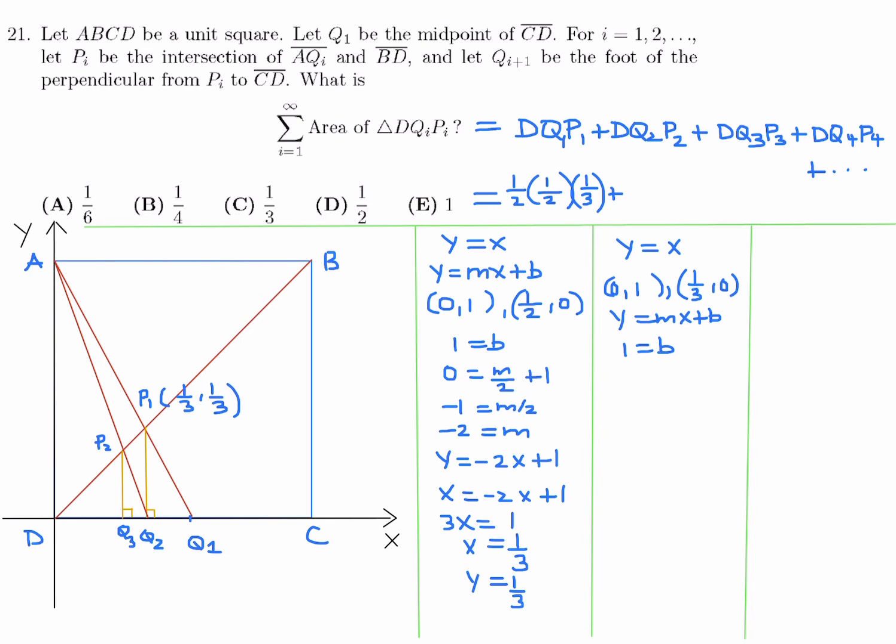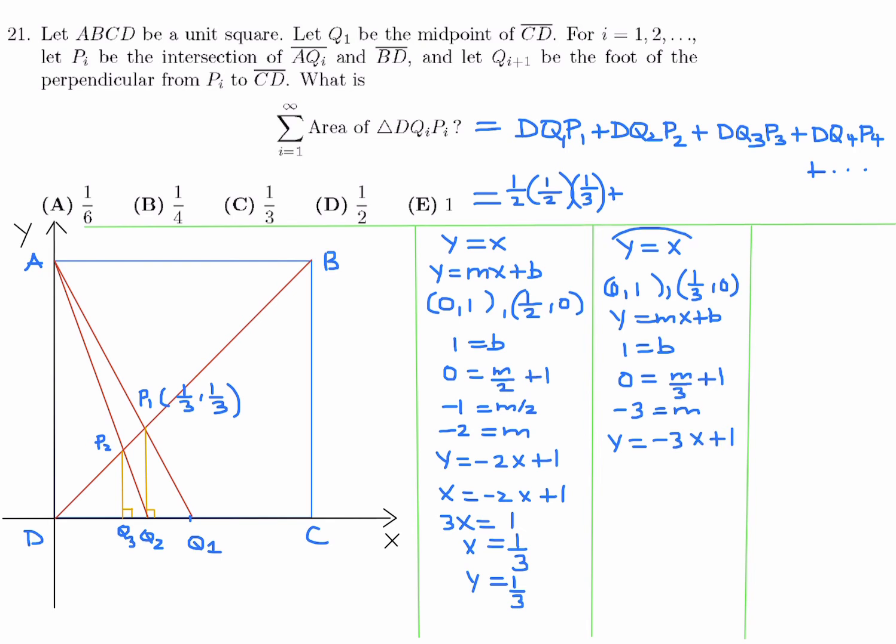Put in the second point, and you get 0 = m/3 + 1, and therefore m = -3, and therefore our equation is y = -3x + 1.